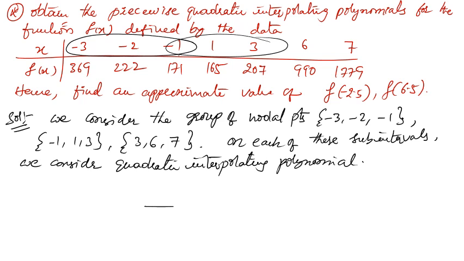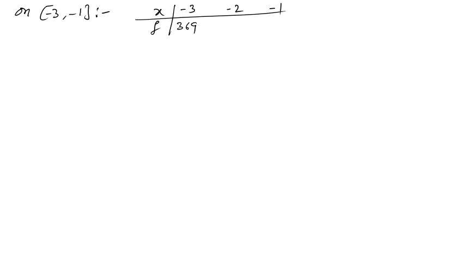Okay, first one. On minus 3 comma minus 1. What is the data here? On the interval minus 3 comma minus 1, x versus y: minus 3, minus 2, minus 1, and the corresponding values 369, 222, 171.